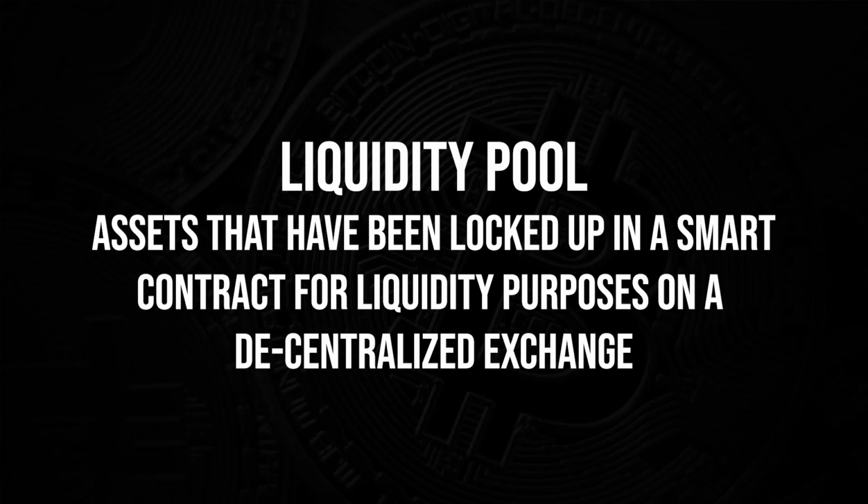So it really is not that complicated. It's just some assets that are locked up so that you can swap them on a decentralized exchange. And an automated market maker is how they automatically regulate how much of one asset over another needs to be in these liquidity pools at a given time.